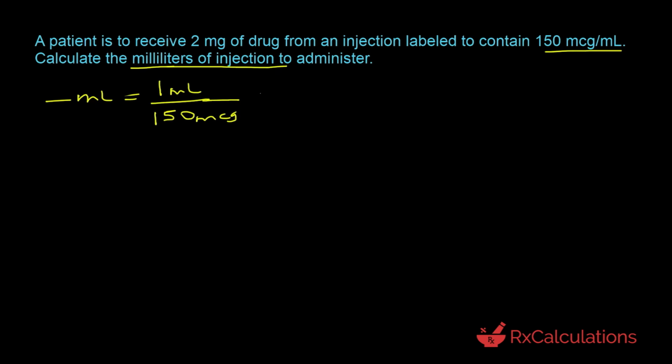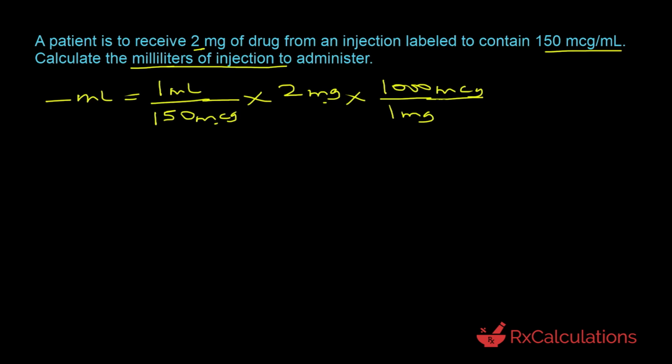So now we can multiply this by the 2 milligrams, and ideally the units in the numerator need to cancel the units in the denominator. But as we notice, the microgram and the milligrams are in different dimensions. So we got to convert the milligrams to micrograms or the micrograms to milligrams. But let's go ahead and convert the milligrams to micrograms, and we want to use the conversion factor: 1 milligram is 1,000 micrograms.